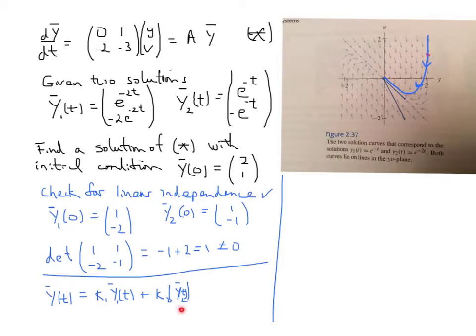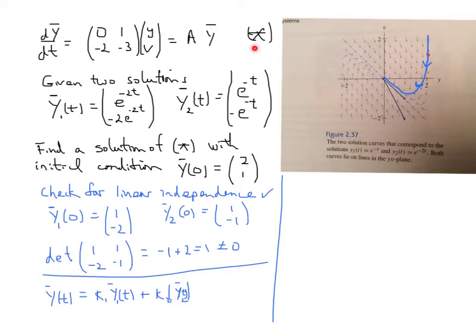And if y2 is a solution, a constant times y2 will be a solution. And a sum of two solutions is a solution. All that comes from the linearity principle. So I know this expression is a solution of star, of this linear system. But we have to find the k1 and k2. But now that I know I've got linearly independent vectors, that won't be a problem.